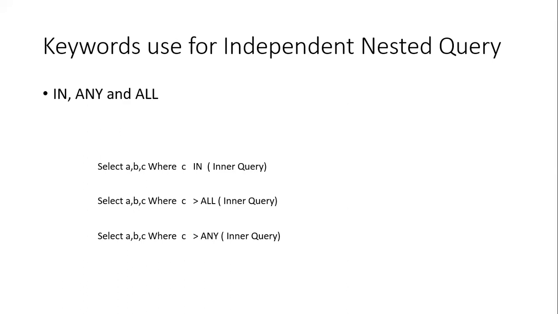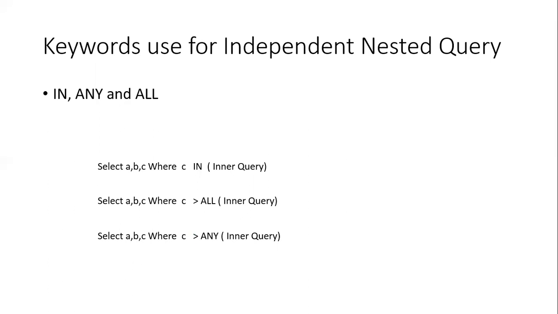Which set? A set whose values are returned by the inner query. Here we can use any conditional operator before ALL, like less than or equal, greater than or equal, any conditional operator we can use.